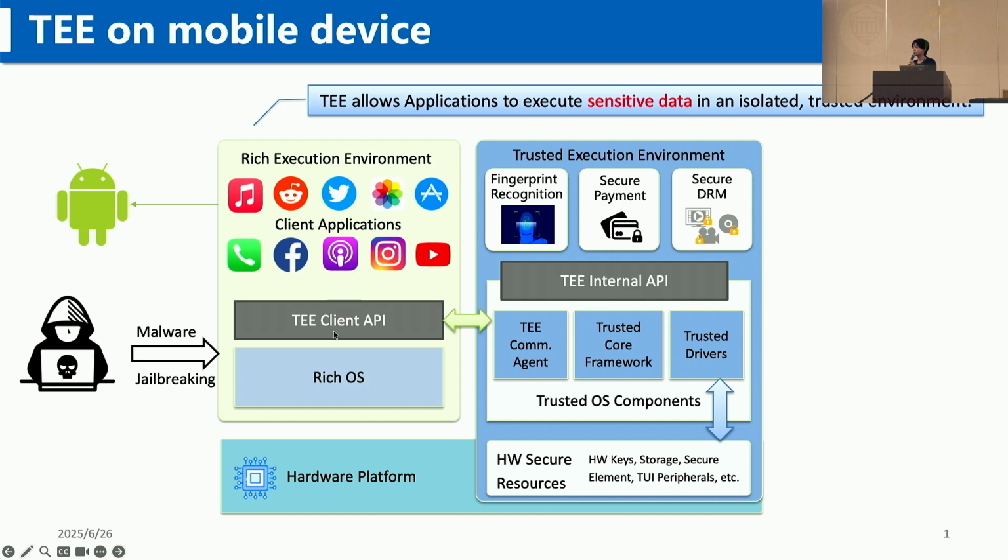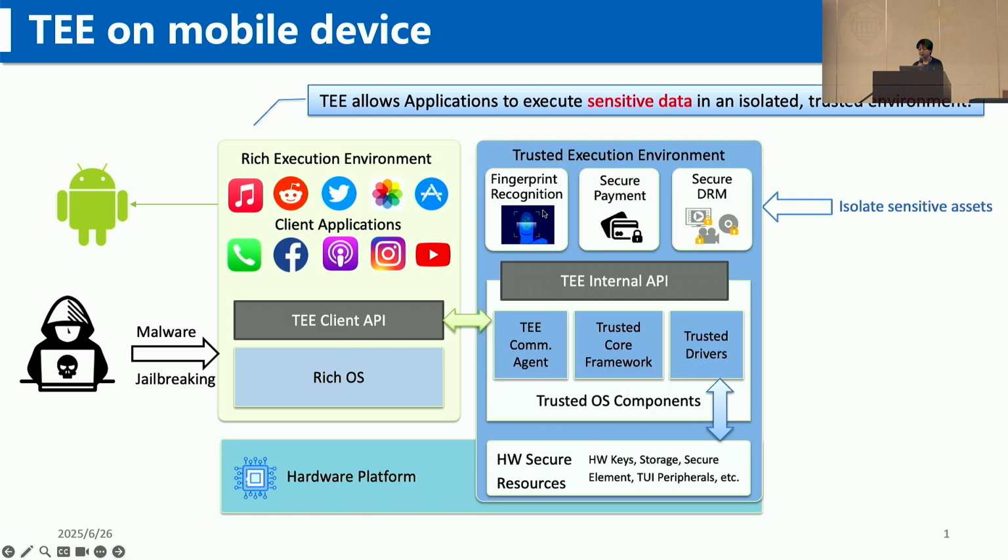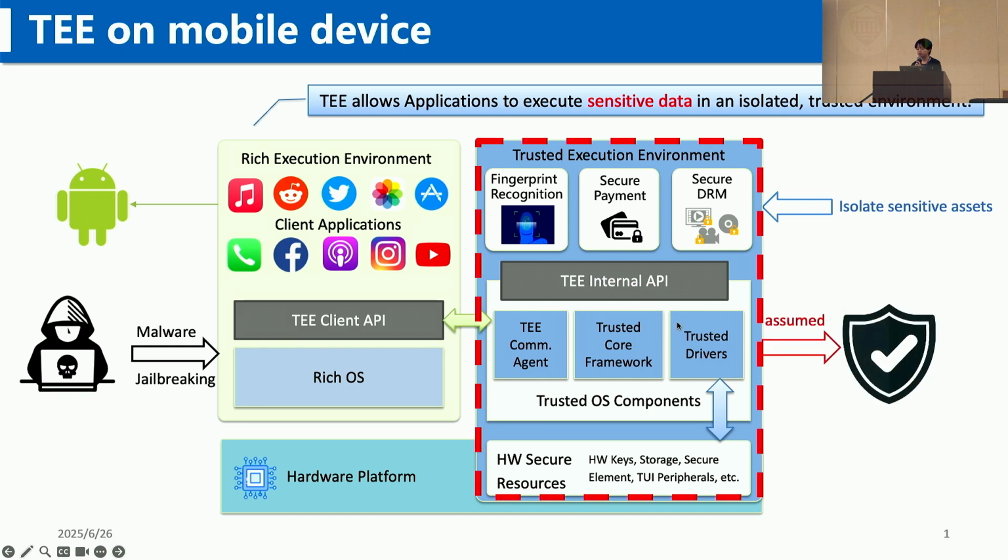This environment is open to malware and jailbreaking. However, the sensitive assets are isolated in the TE, such as fingerprint recognition and secure payment. All the components in the TE are assumed to be trustworthy.